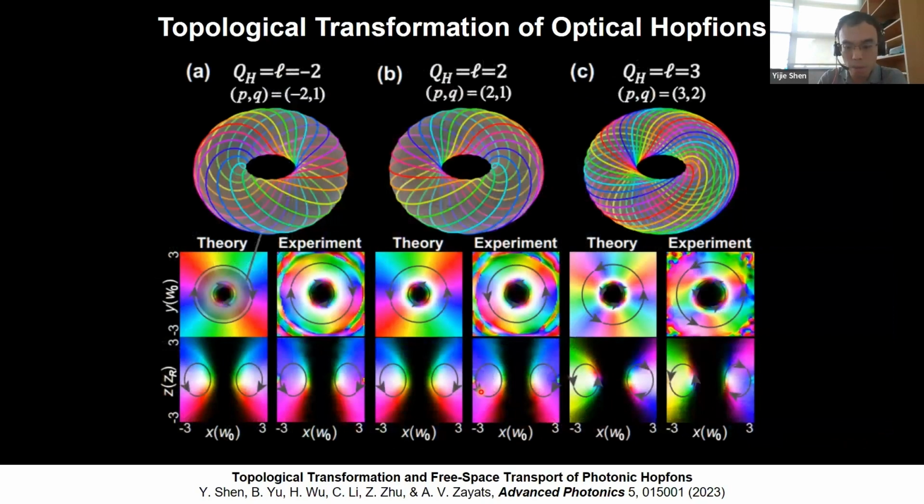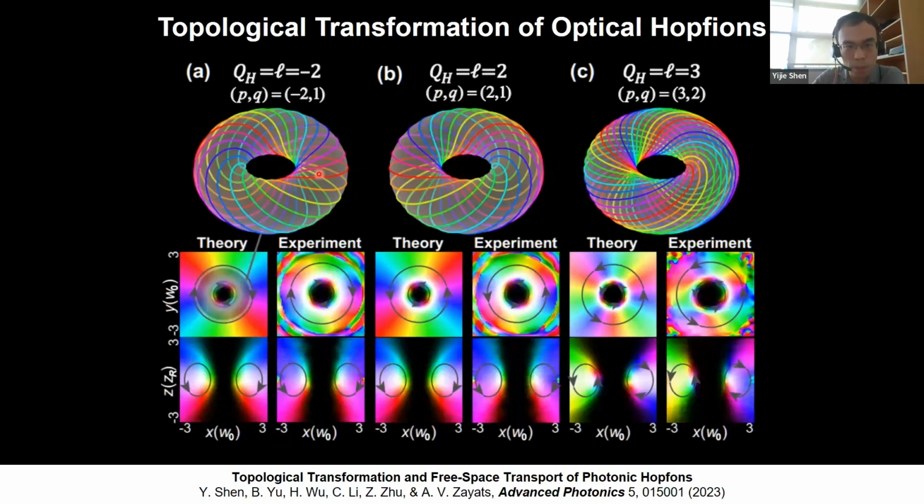Actually, hopfions can do more things that 2D skyrmions cannot do, because they have a 3D topology that creates new topological orders to control. For instance, the P and Q. P and Q mean how many times a fiber goes through the hole of a layer of the torus, and how many times it goes around the torus.